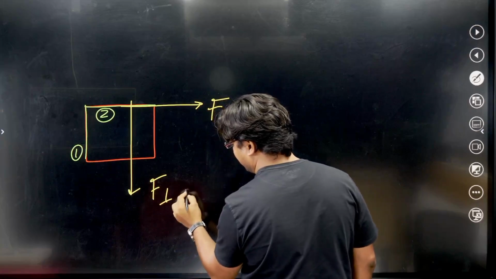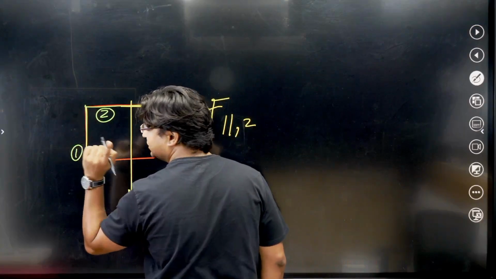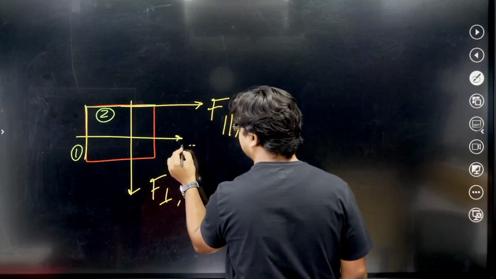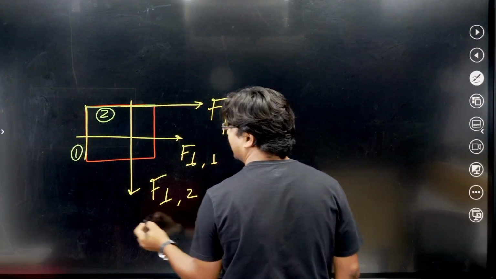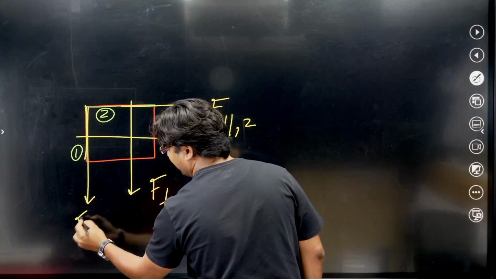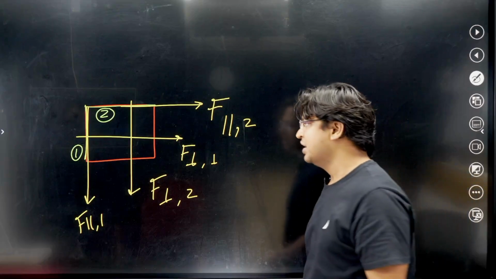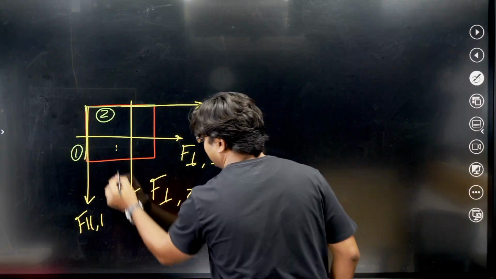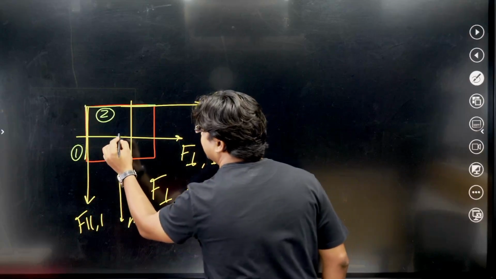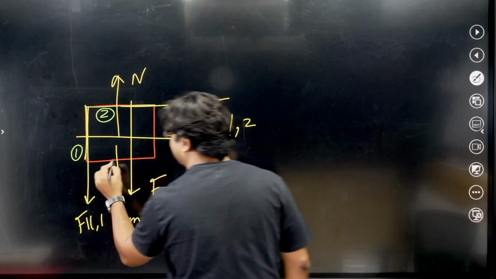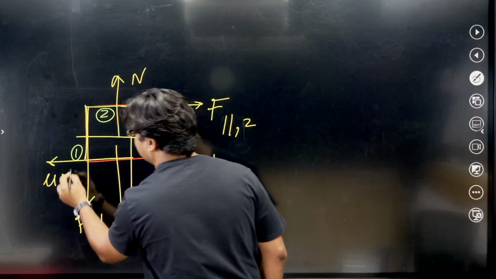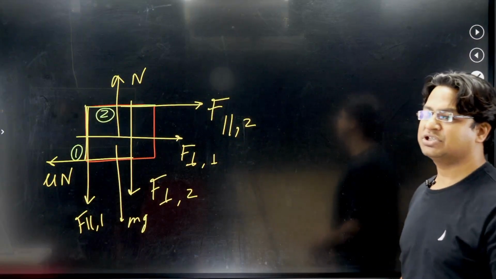So this is F perpendicular 2. On this surface, the perpendicular component would be like this. So this would be F perpendicular 1, and there would be a parallel component F parallel 1. Notice, these are the radiation forces. Apart from these forces, there is going to be an mg, there is going to be a normal, and there is going to be a friction, which is going to be kinetic, because I'm saying that motion is taking place.